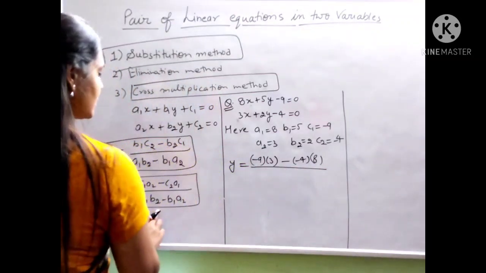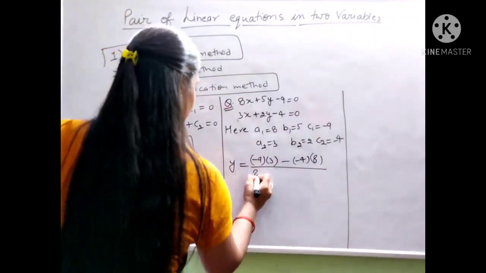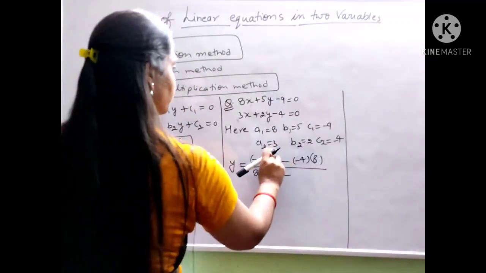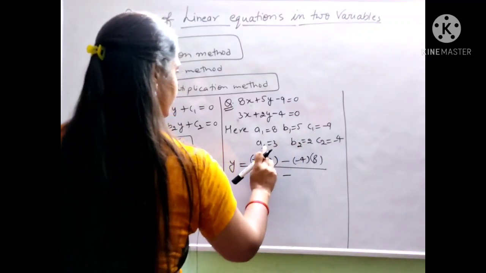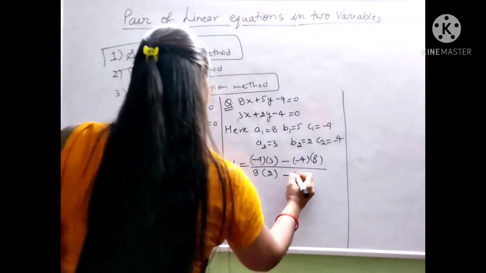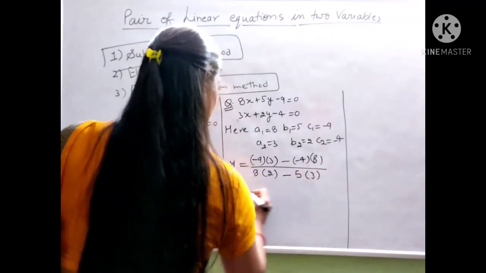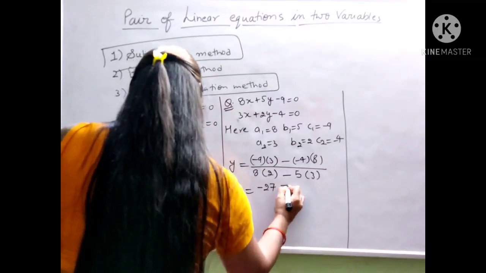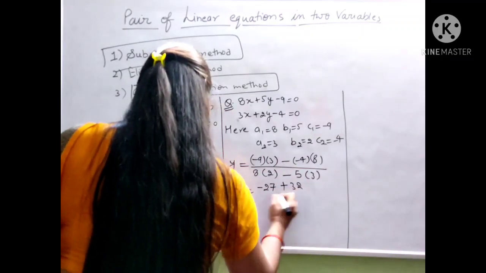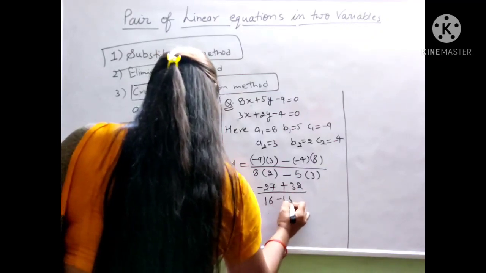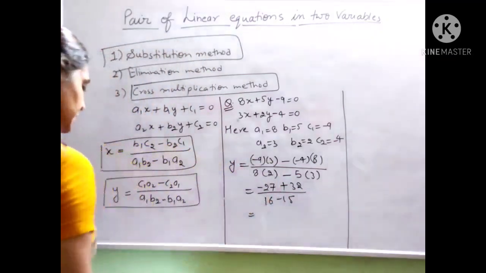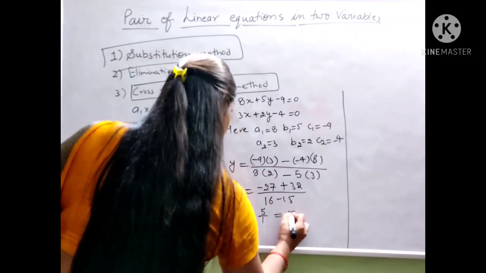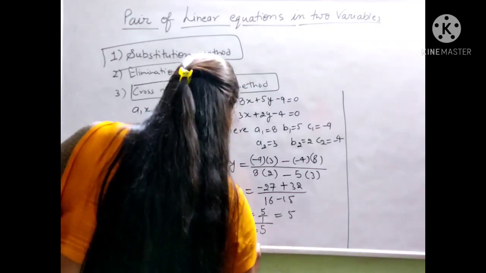Divided by A1 B2, A1 is 8, B2 is 2, minus B1 A2, B1 is 5, A2 is 3. So what will we get over here? Minus 27, minus minus will give plus 32, 16 minus 15. On subtracting this, what will we get? 5 upon 1, or we can say 5. Therefore the value of y is equal to 5.